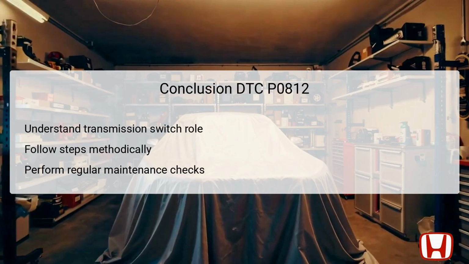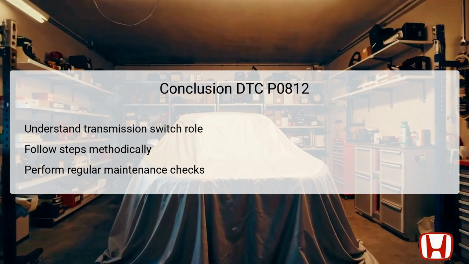In conclusion, understanding the role of the transmission range switch and its impact on vehicle operation is crucial for effective troubleshooting of DTC P0812. Following a systematic approach during diagnosis is essential, as this ensures that all potential causes are explored and addressed appropriately.